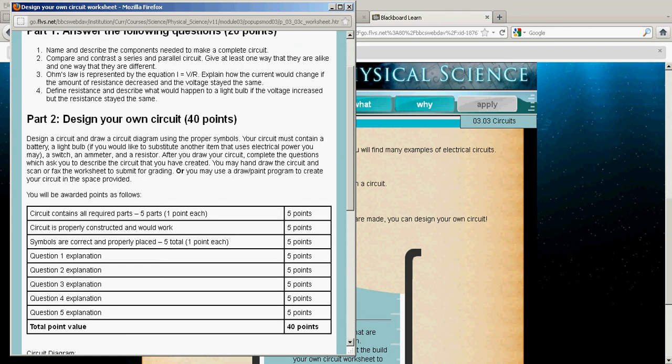Your circuit must contain all required parts. So it has to have a path, a resistor, voltage like a battery, and it has to do something that's going to produce work, like a light bulb. Make sure it is properly constructed and will work.